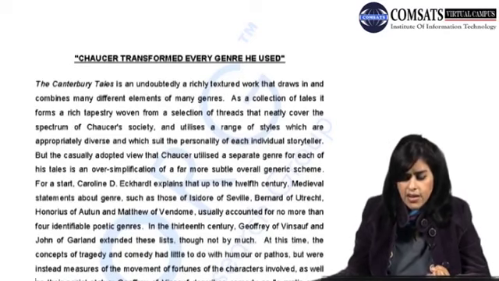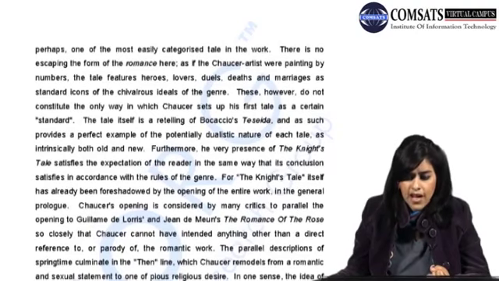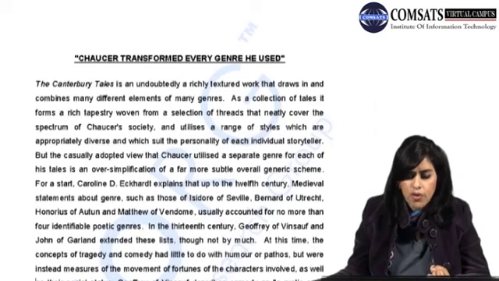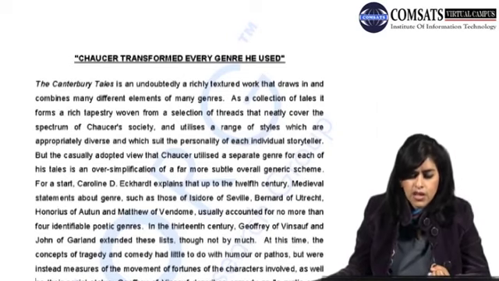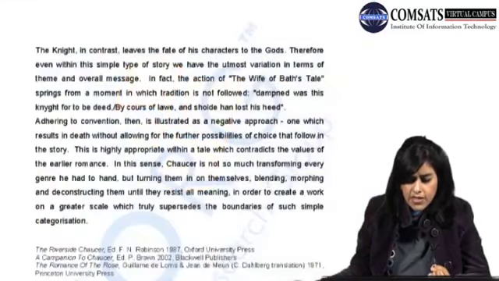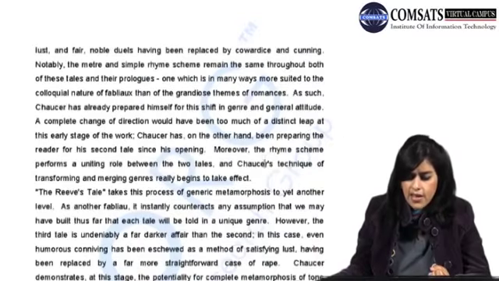So starting with this line, he talks about how Chaucer transformed every genre he used. Till the end he keeps on talking, and there are so many paragraphs that he kept writing while composing this essay.